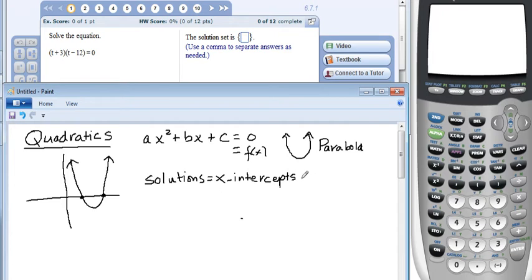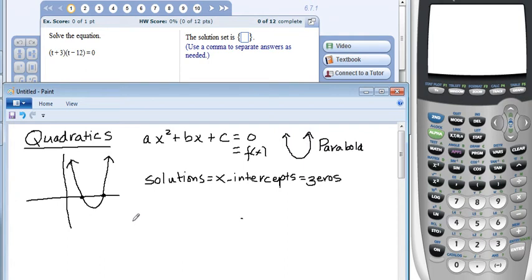Okay, and these are also called the zeros of a function. It's where y is equal to 0. Okay, so what I'm going to do is look for the solution here, and then graphically I'm going to check to make sure that those are the x-intercepts. All right, so we need all that information. And then when we get to cubics, I'll cover that then.